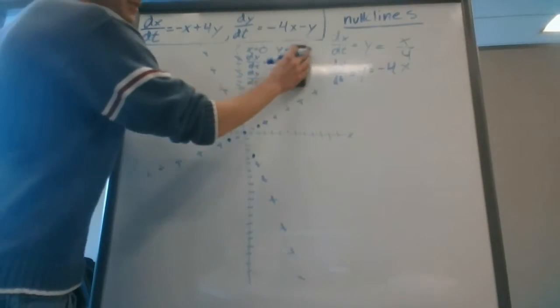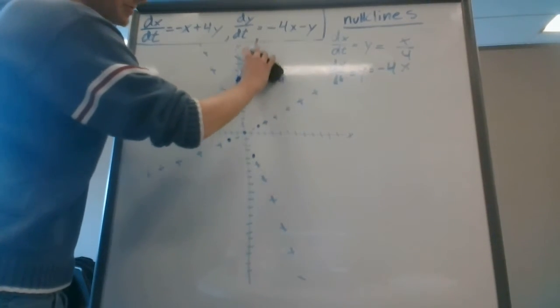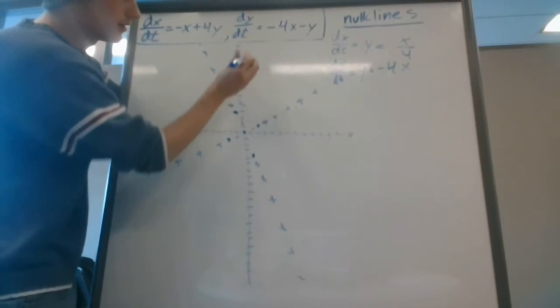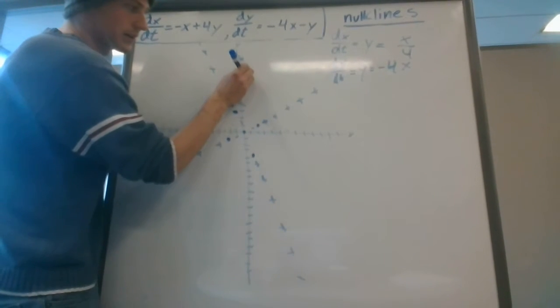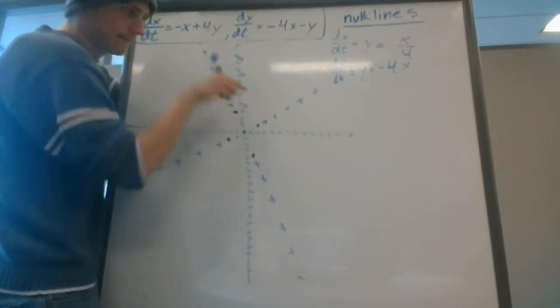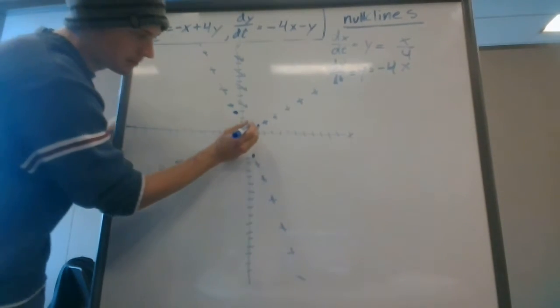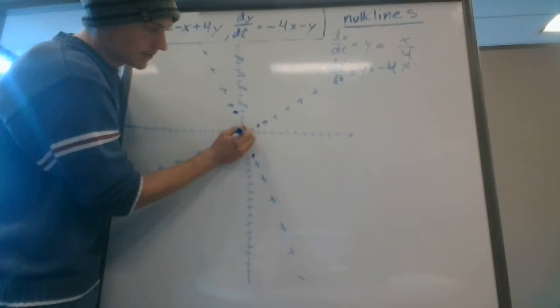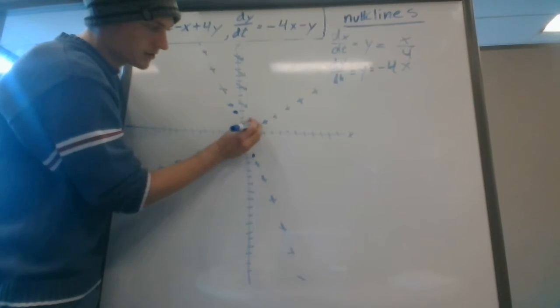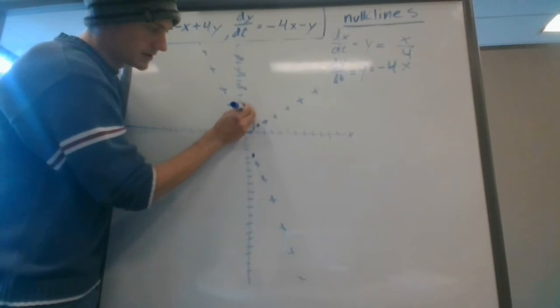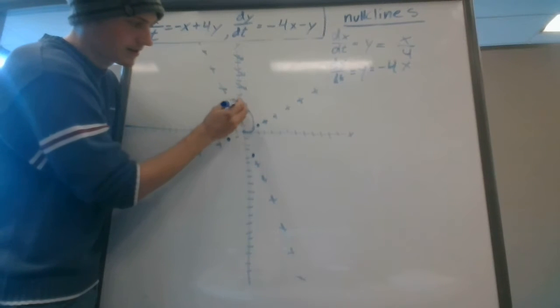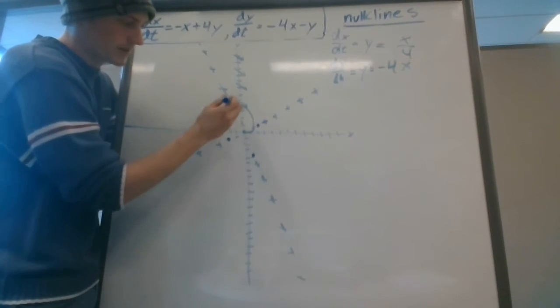I'm going to erase this junk so that I can draw the spiral. And all of these are going this way, that way. So I'm going to start at my equilibrium point, and we're going to go vertical at this null line, diagonal right about here, horizontal right about here.